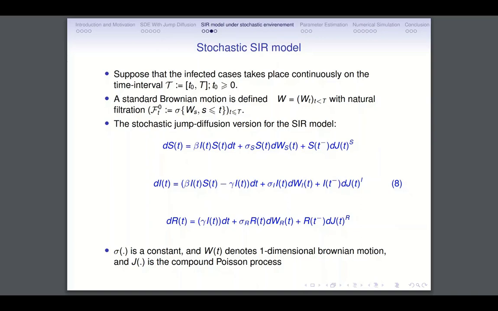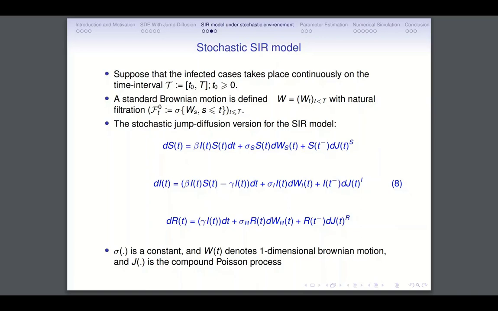To each equation we add a random variable, a geometric Brownian motion, and we also add jump processes, or jump diffusion, which is a Poissonian jump process.